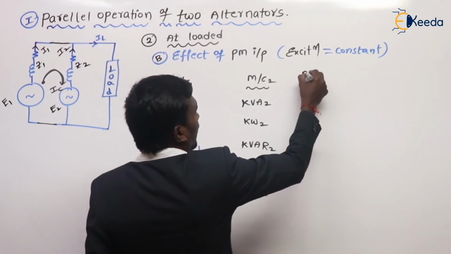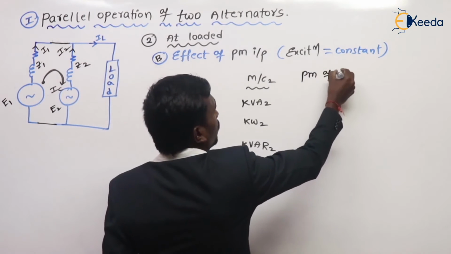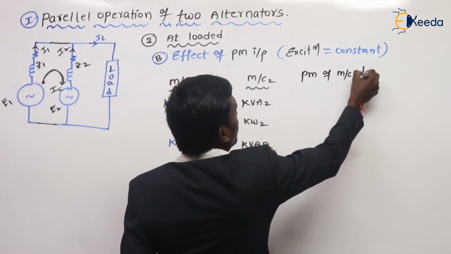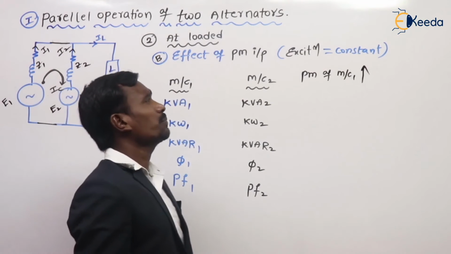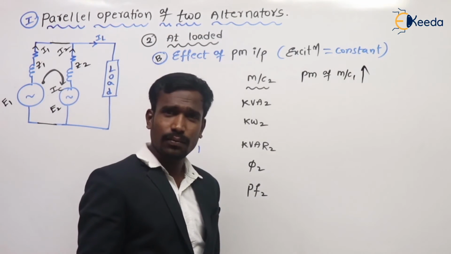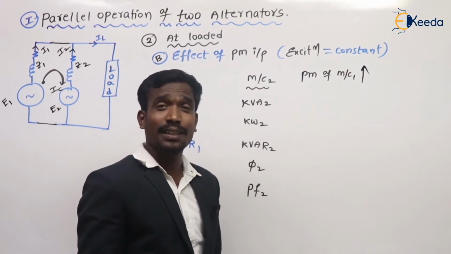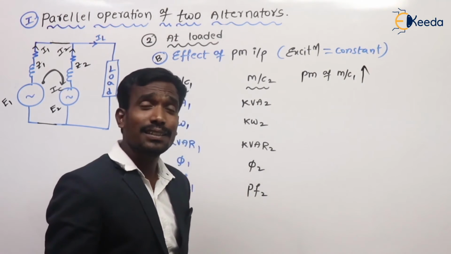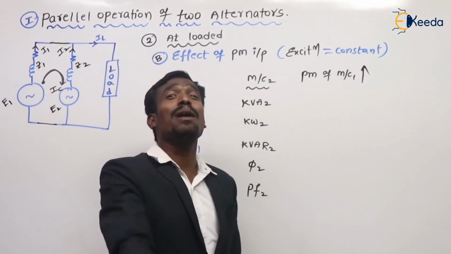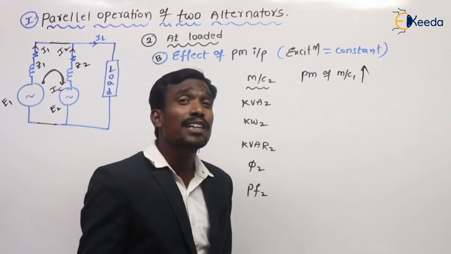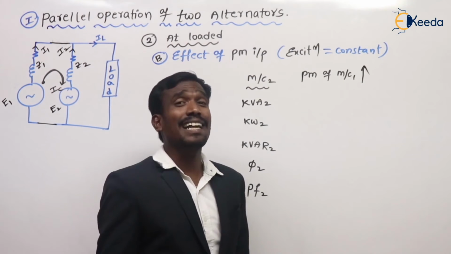When the prime mover input of machine 1 increases, here I increased the prime mover input of machine 1, then again the current increases. But the current is not a reactive component. The current is an active component, because it is in phase, not at 90 degrees.